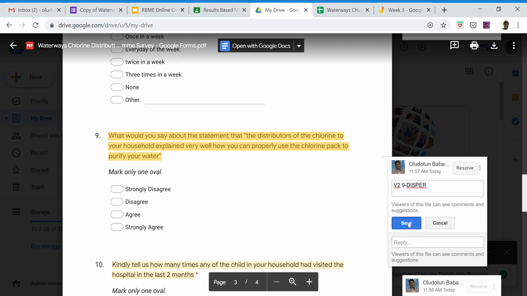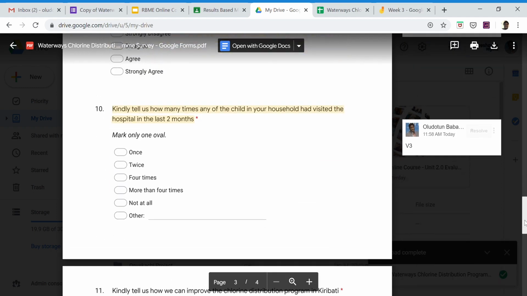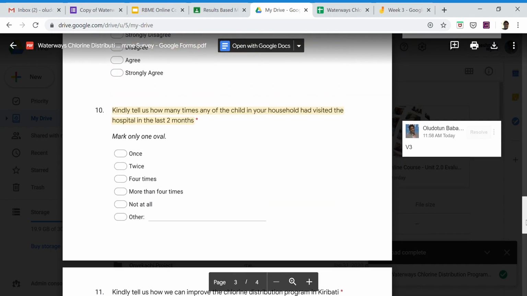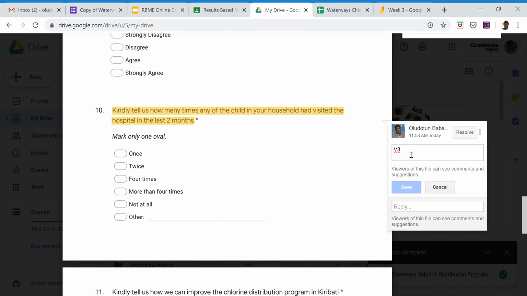I'm just trying to shorten it, and then I have 10, which is hospital.